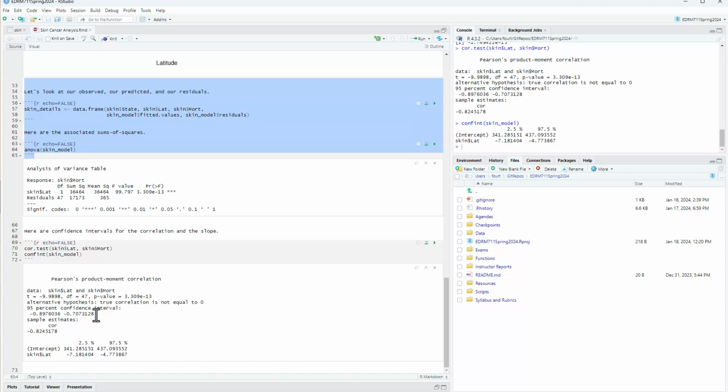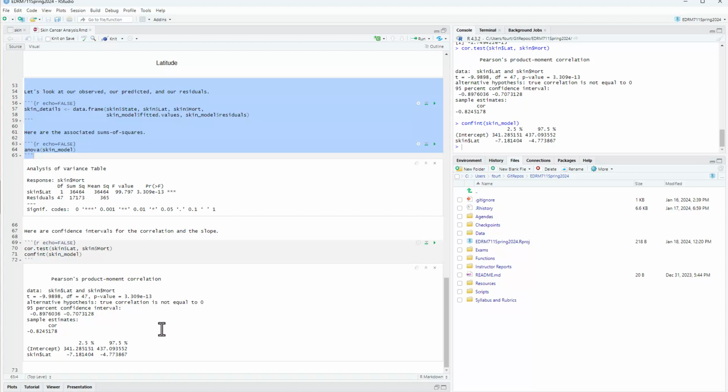And I know that the confidence interval is not going to contain 0 because the null hypothesized value of 0 was rejected. And so my confidence interval here is all negative values. And in fact, it's a pretty informative interval. It goes from minus 0.71 to minus 0.90.